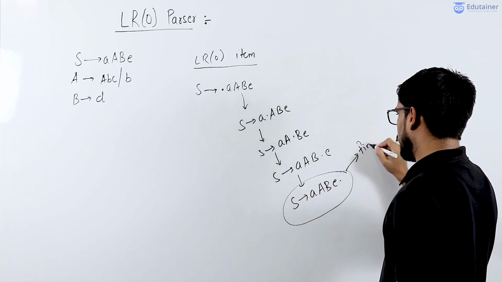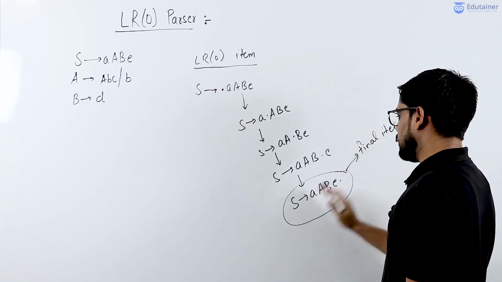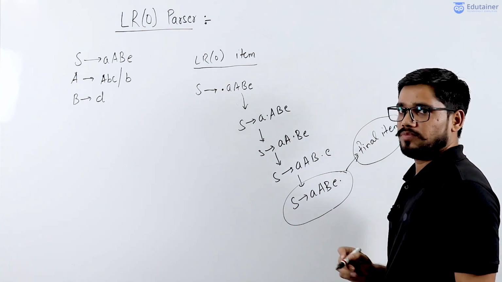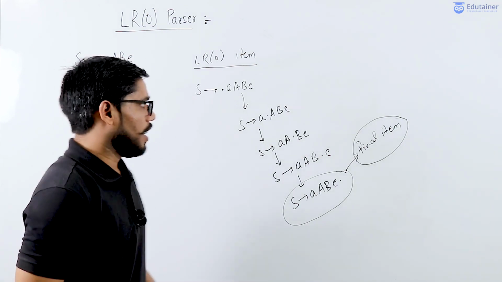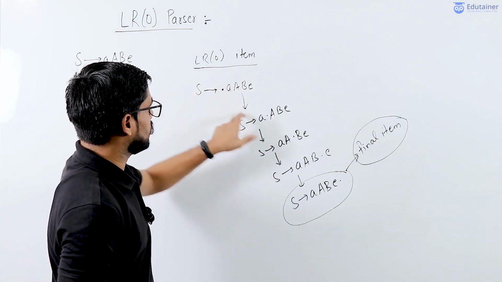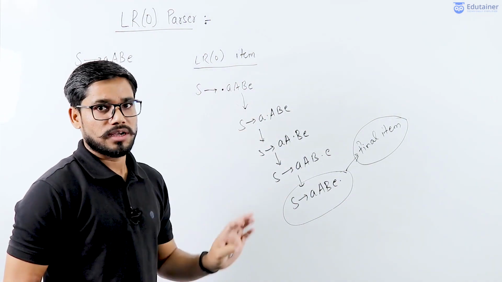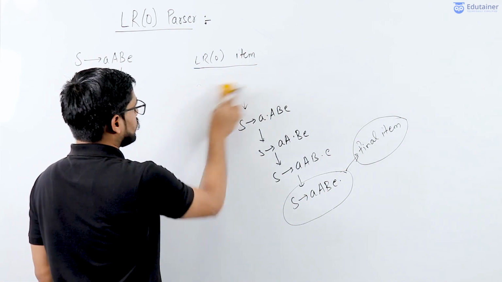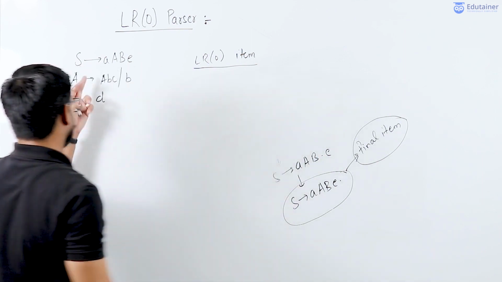For every production we move the dot until we reach a final item. So this is the meaning of an LR0 item. Each item set put in a circle, and all these circles together are called the canonical collection of LR0 items.